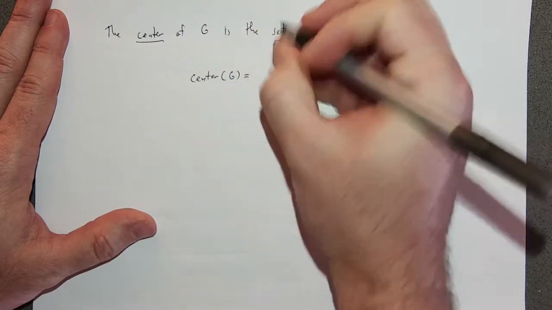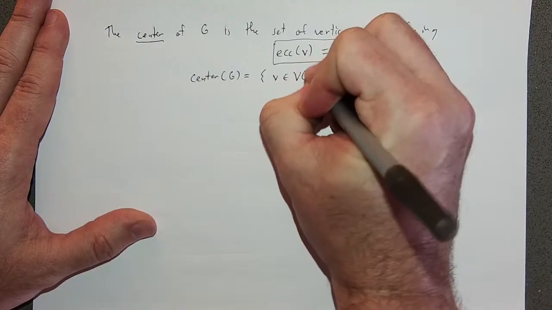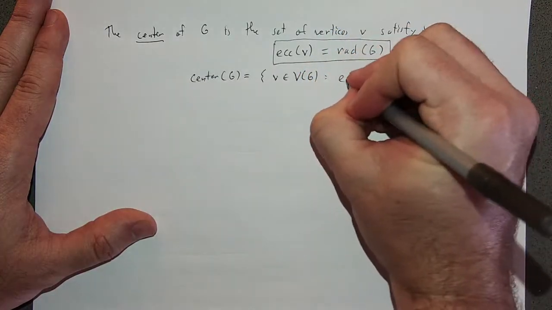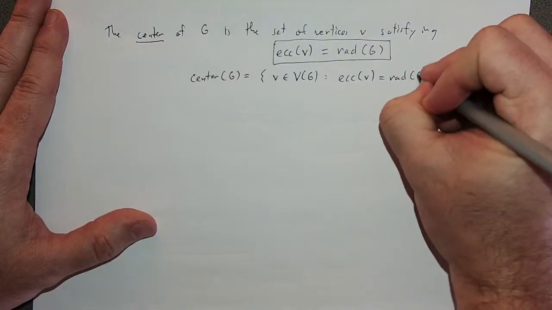So the center of G is the set of all vertices V in the vertex set of G such that the eccentricity of V is equal to the radius of G.